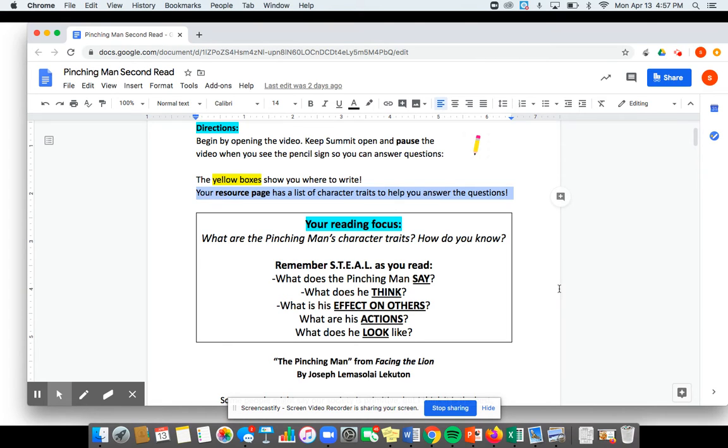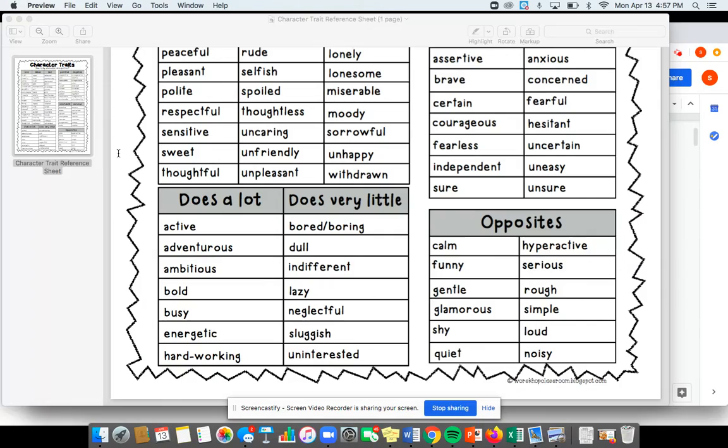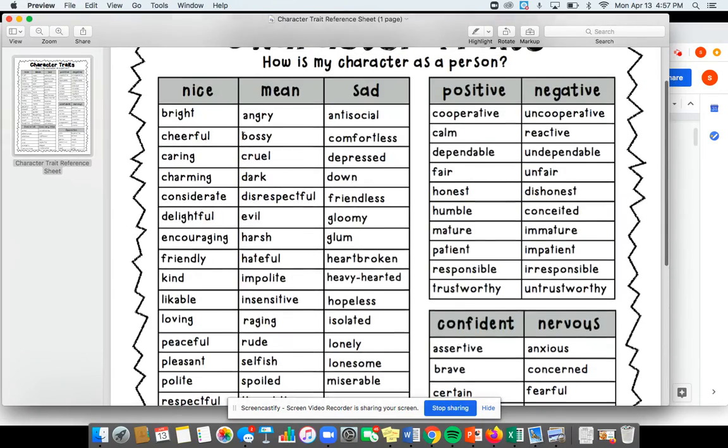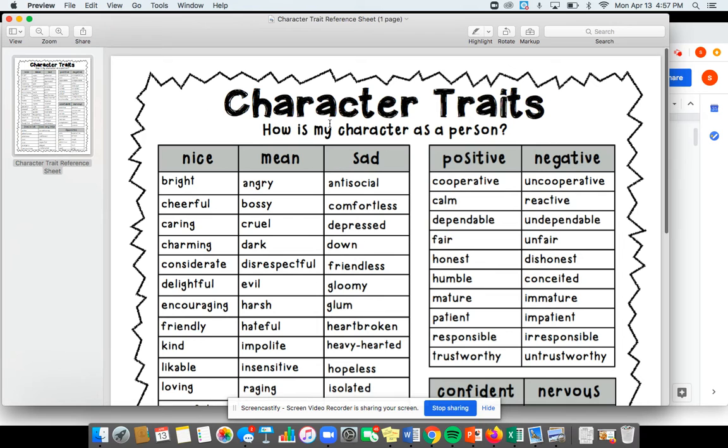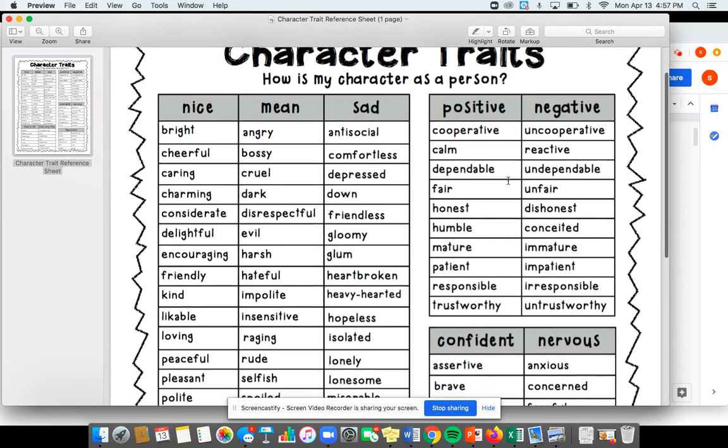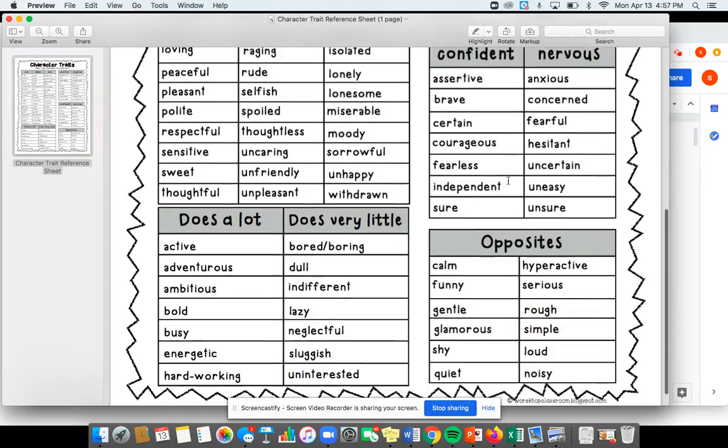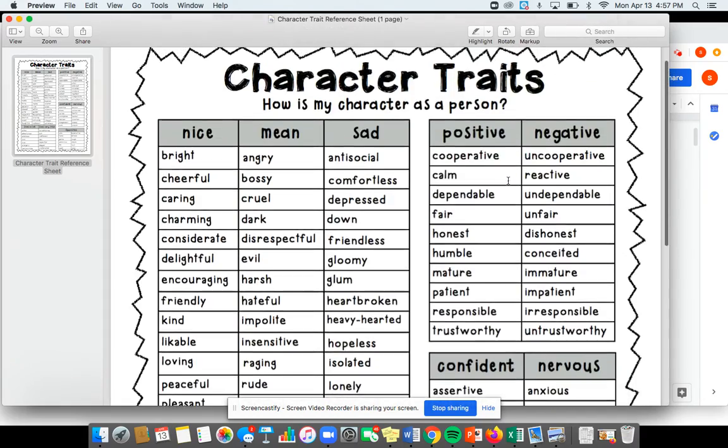So we're thinking about STEAL, what does he say, what does he think, what is his effect on others, but what you are going to have to do is think, what kind of person is the Pinching Man? So if you're stuck, you can't think of the right word, go to your references. You're going to see a page that looks like this. Character traits, how is my character as a person? And it has a lot of words here that can help you make an inference, okay?